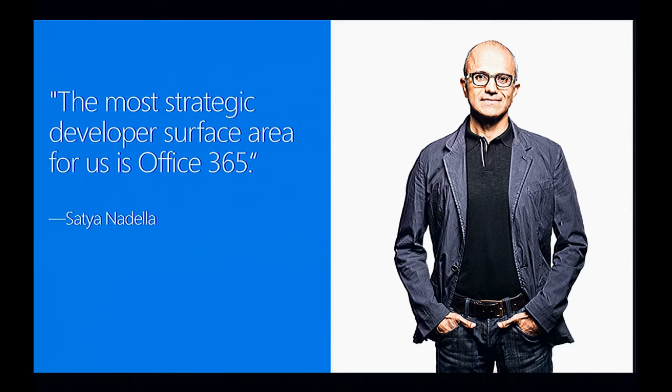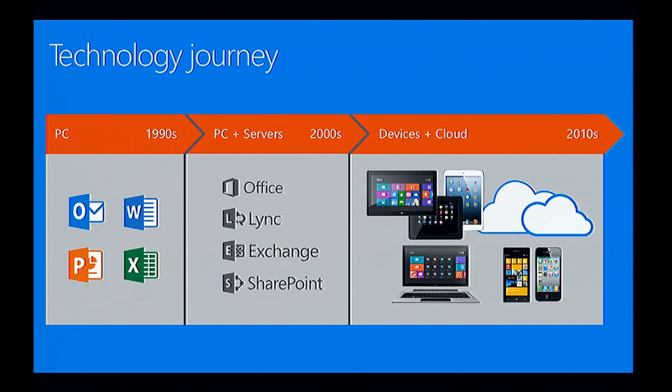No doubt, Office 365 is very strategic for us as a company, and in particular as a development platform. We've been going through this technology journey within Office, where in the 90s, Office was a desktop suite of literally just 4 products: Outlook, Word, Excel, and PowerPoint. And we have been evolving this suite to do more and more as the technology allows us to.